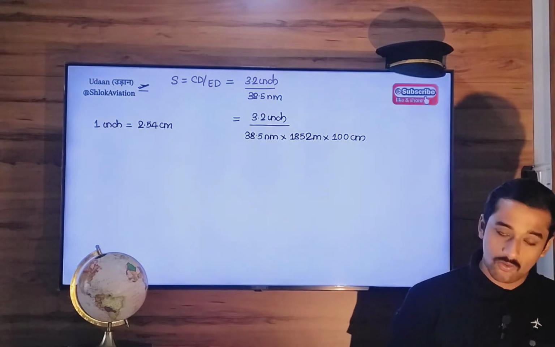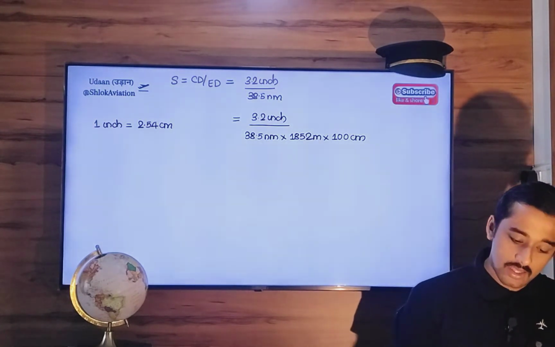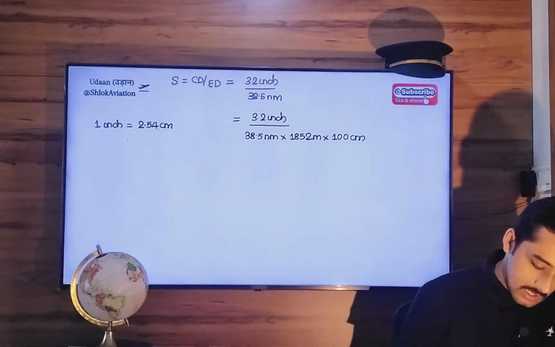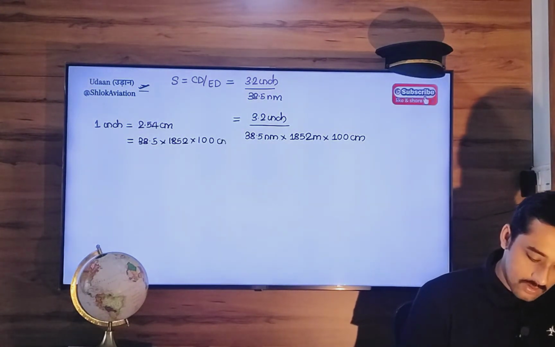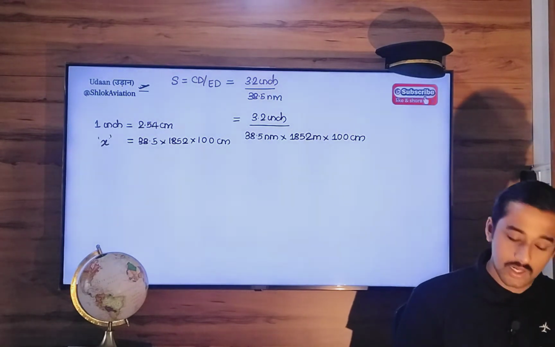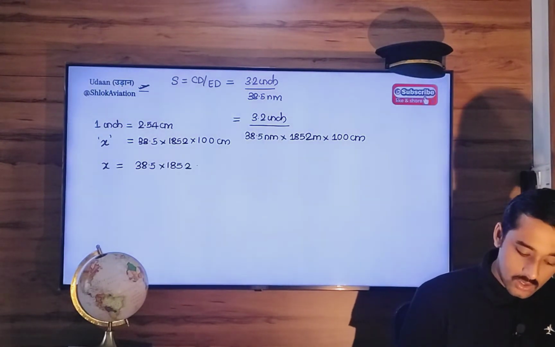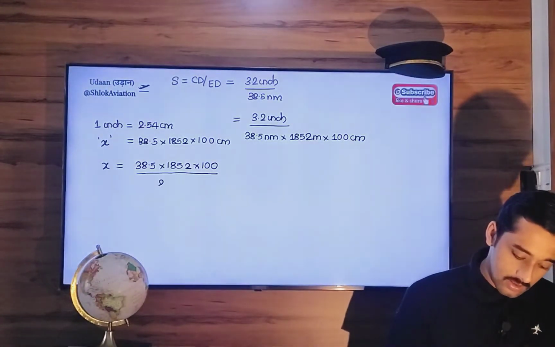We do not know. So what you do is you divide this by 2.54. So 38.5 into 1852 into 100 centimeter equals how many inches? We do not know. Cross multiply, x will be equal to 38.5 into 1852 into 100 divided by 2.54.